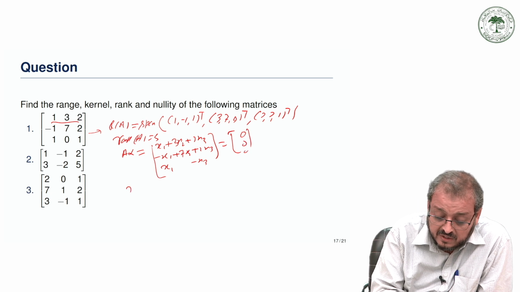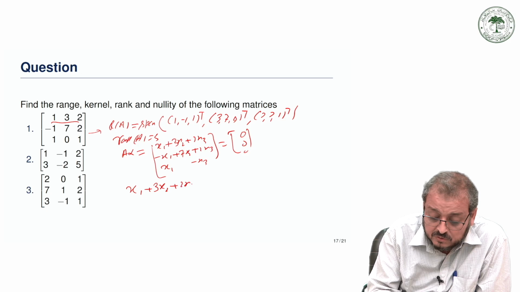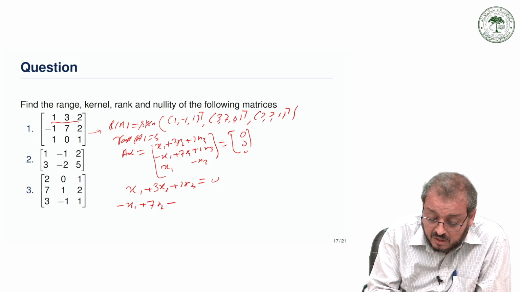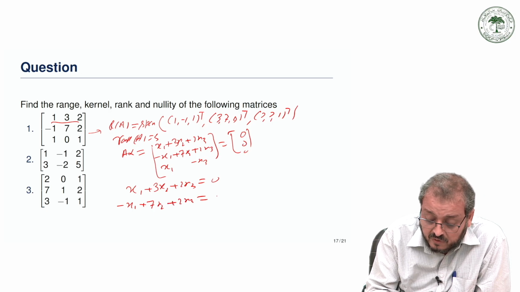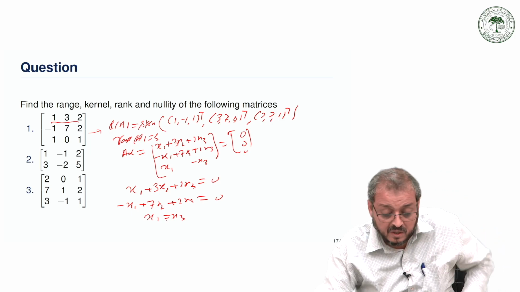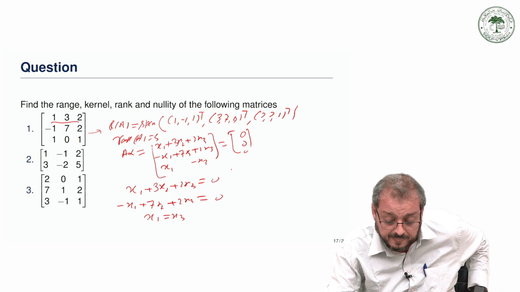Then you can say that clearly x1 plus 3x2 plus 2x3 is equal to 0. Now minus x1 plus 7x2 plus 2x3 is equal to 0. Now x1 is equal to x3, so we substitute here. So you have 3x2 plus 3x3 is equal to 0.